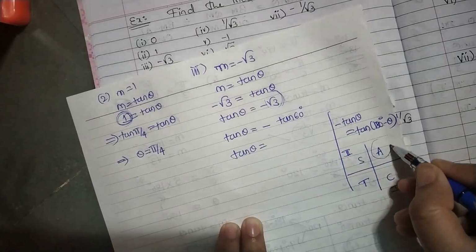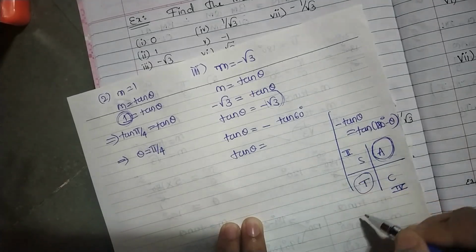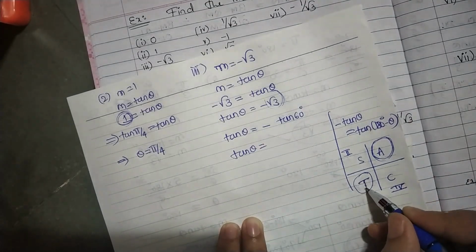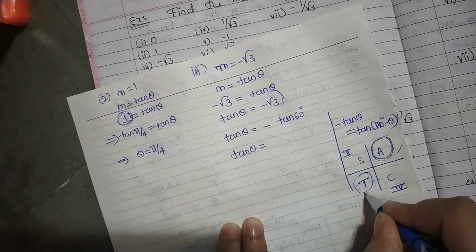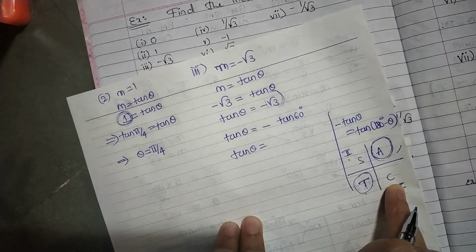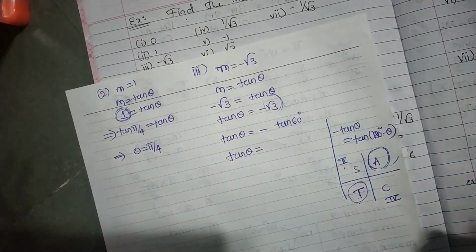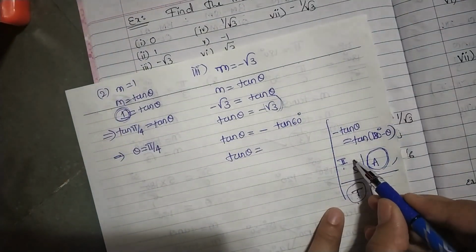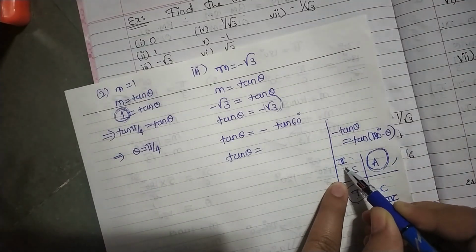Because in the first quadrant all trigonometric functions are positive, and in the third quadrant tan and cot are positive. So the tan function is positive in the first and third quadrants, and negative in the second and fourth quadrants. Here the slope angle is restricted to 0 to 180 degree. So for the negative value, tan is negative in the second quadrant.